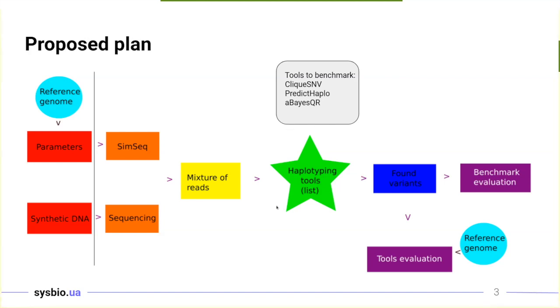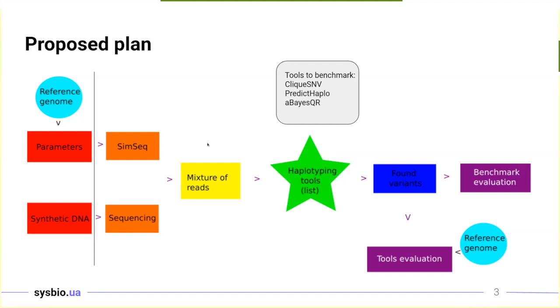We have a list of haplotyping tools that has been developed in the past few years, and we need to benchmark them. Basically, these tools have been developed for a slightly different purpose, and we are repurposing them for our task.